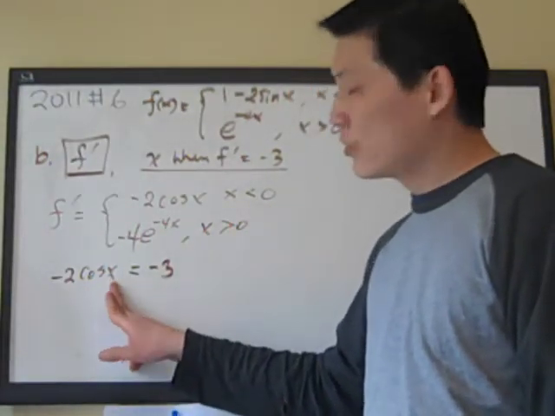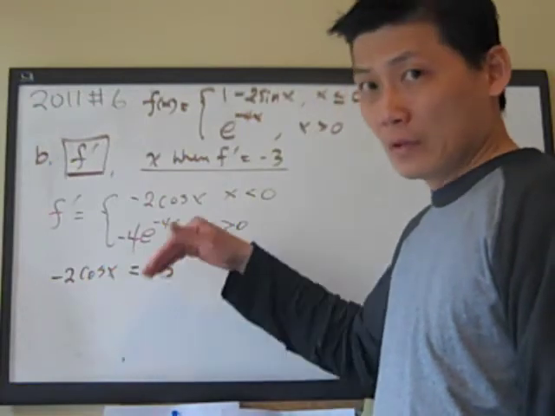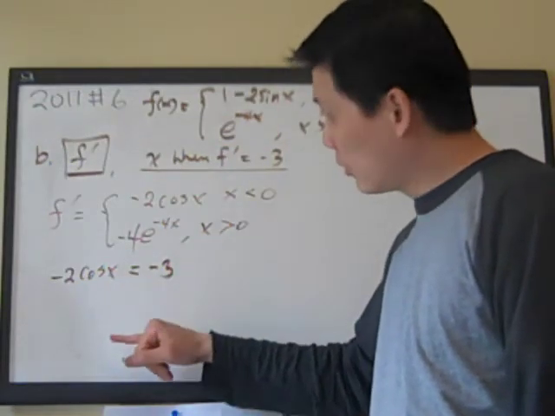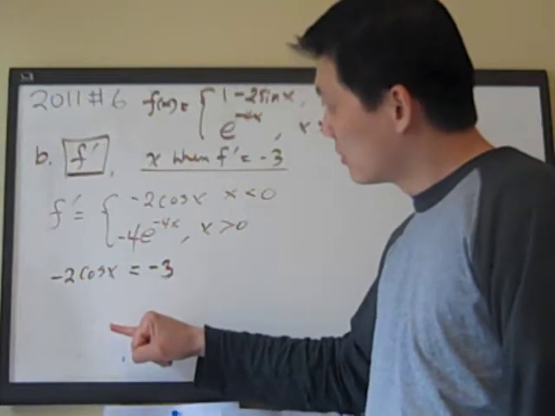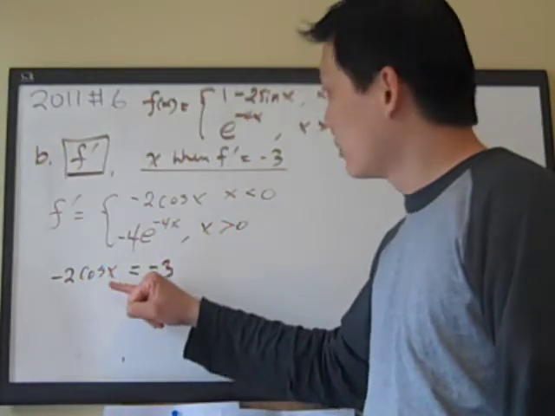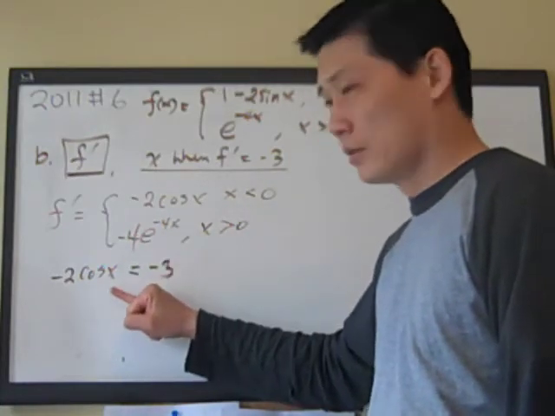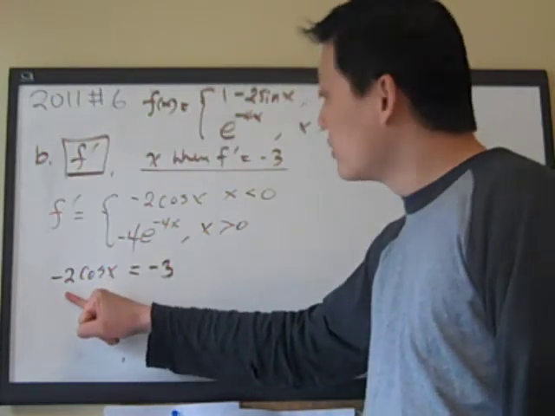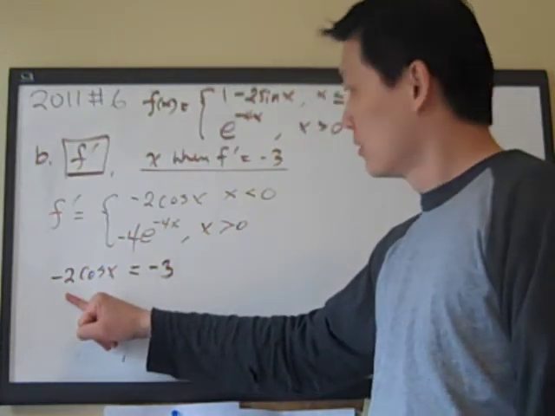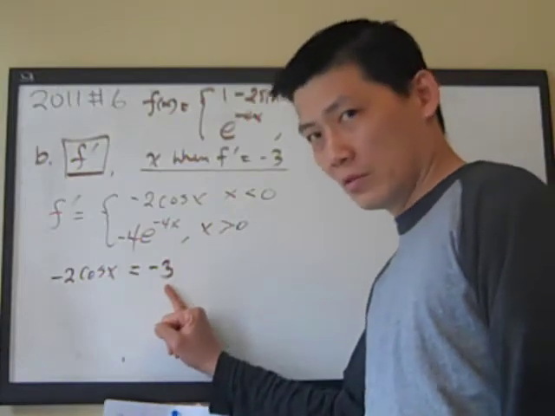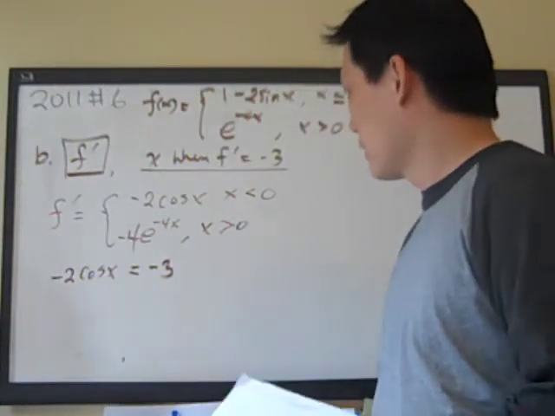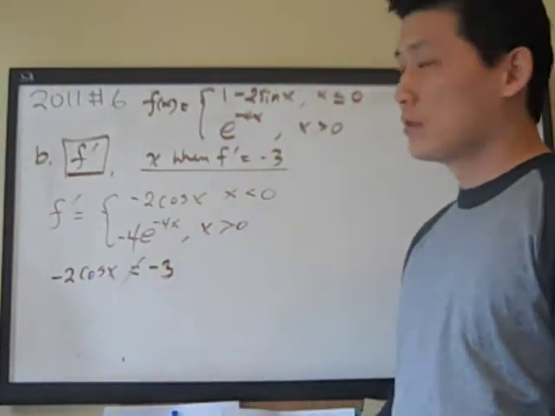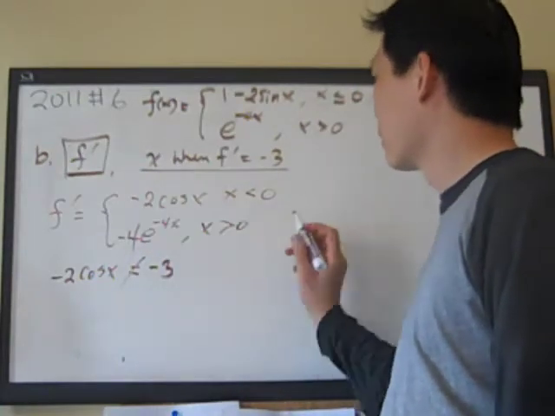But regardless, cosine goes from as high as 1 to as low as -1. Any value between 1 and -1 multiplied by -2 will never get anything close to -3. So it's not possible. That one is gone, and we're not going to consider this part.